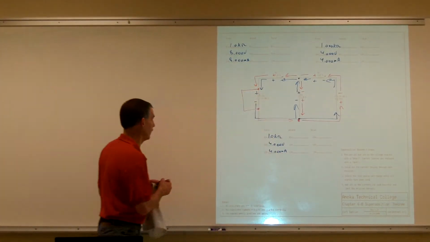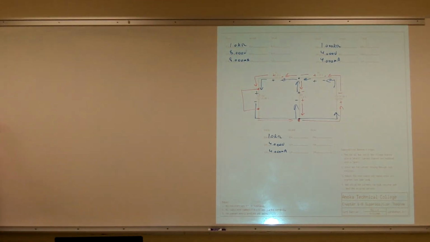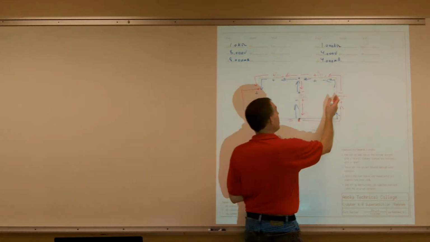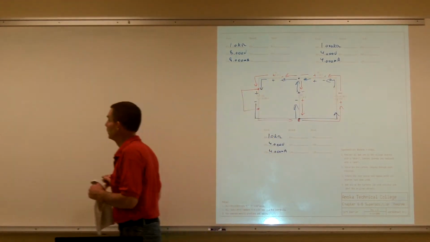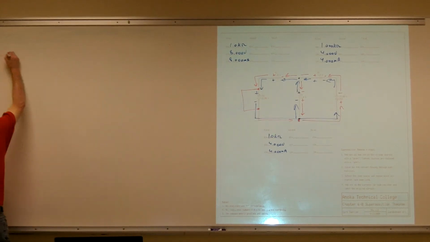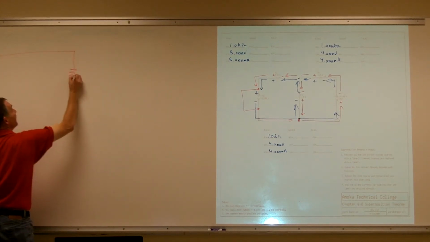Okay, so then we have to re-sketch our circuit. This time our power supply is upside down. It's good practice just to go from negative to positive. So this time all my current is going to come up and go through R2. This time we're going to work our way down.